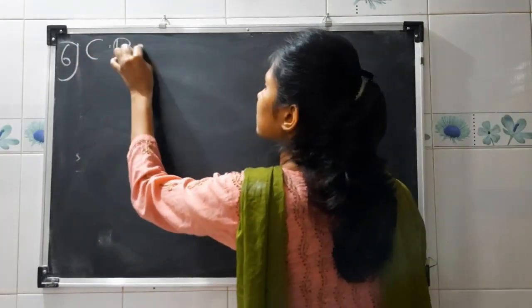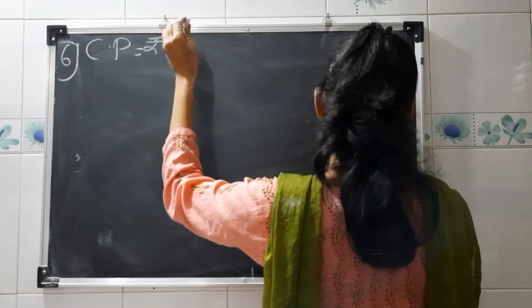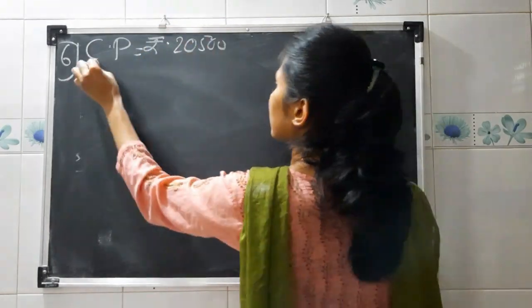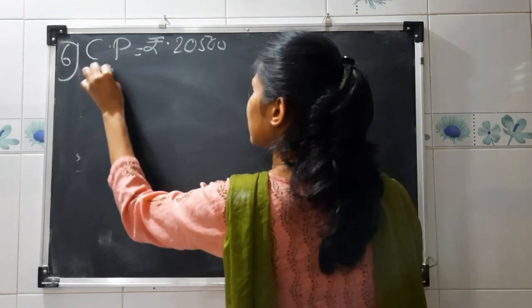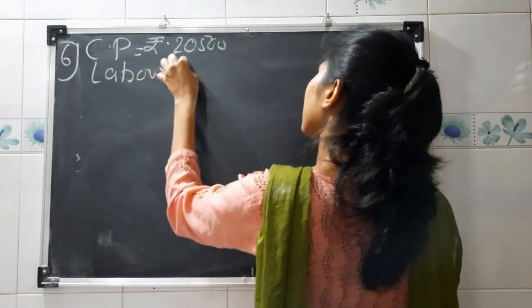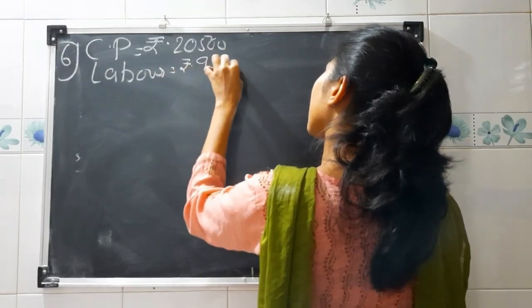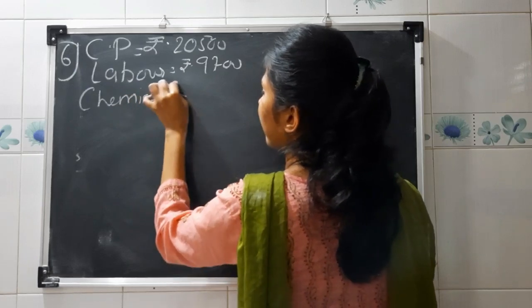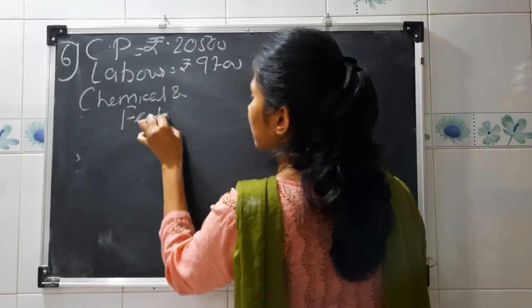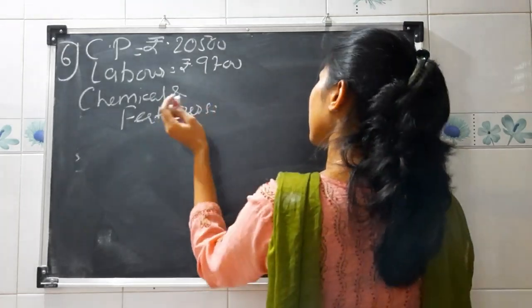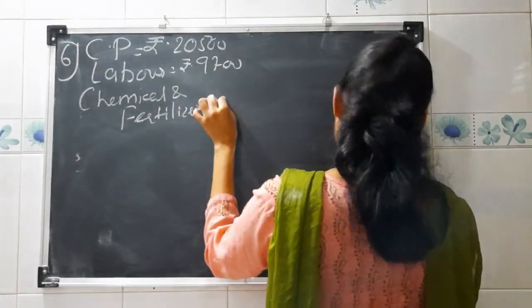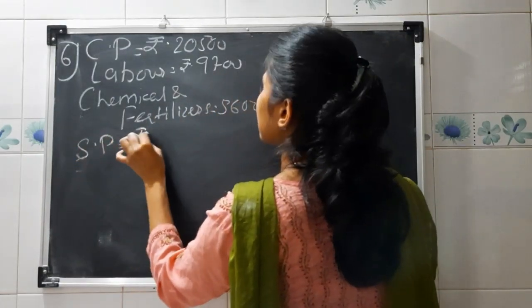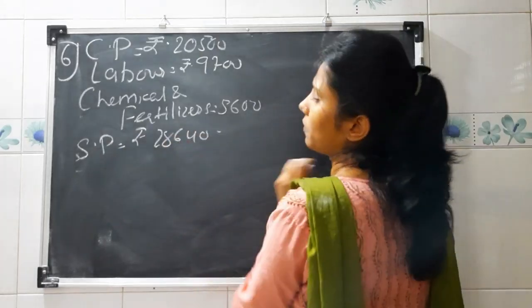Chemicals and fertilizers rupees 5600. Selling price is rupees 28,640.